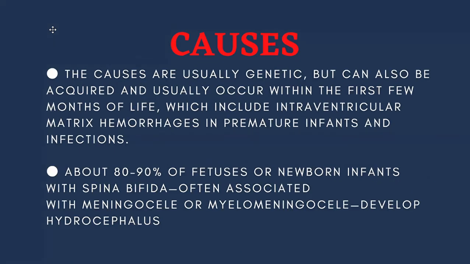The causes are usually genetic but can also be acquired and usually occur within the first few months of life, which include intraventricular matrix hemorrhages in premature infants and infections. About 80 to 90% of fetuses or newborn infants with spina bifida, often associated with meningocele or myelomeningocele, develop hydrocephalus.